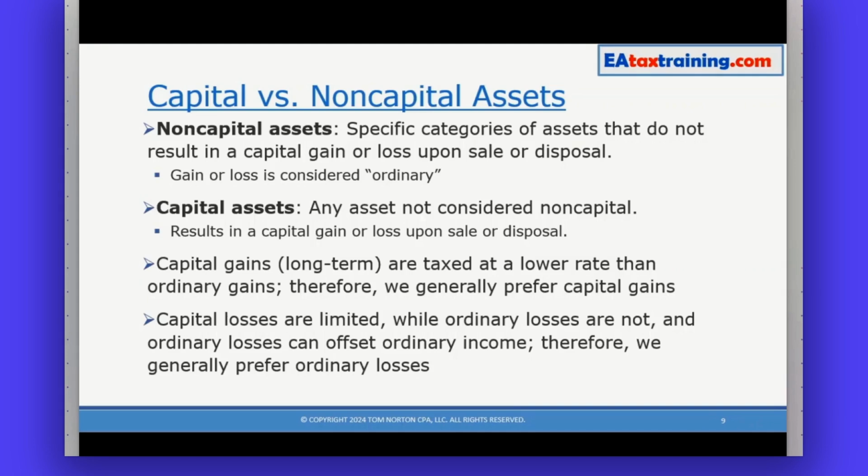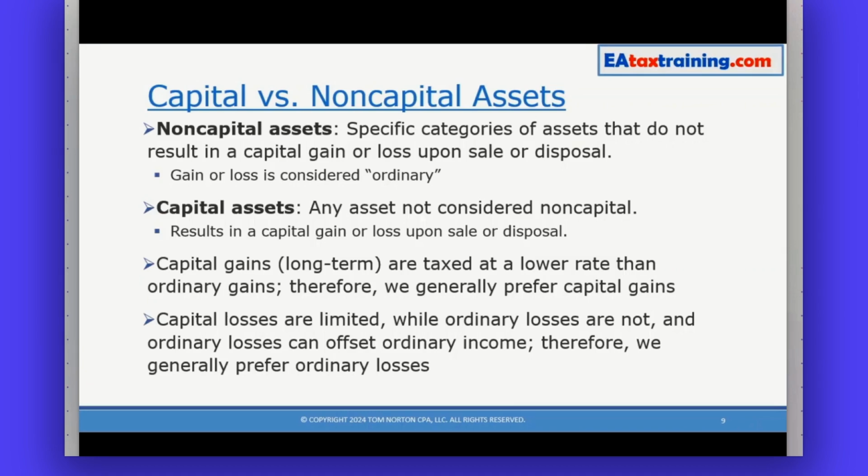Again, this is primarily a business concept and also an investment concept. So when we're talking about your personal tax return, we're going to be talking mostly about investment assets, and we'll get into all of that again later. But for now, just know capital losses are limited, ordinary losses are not limited.